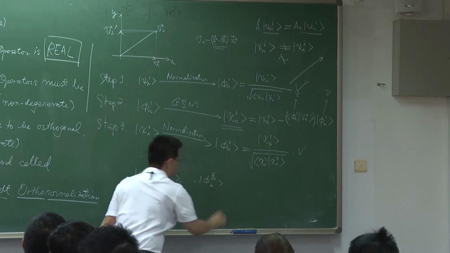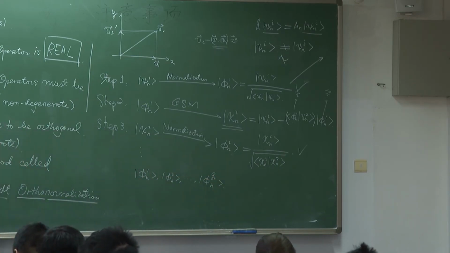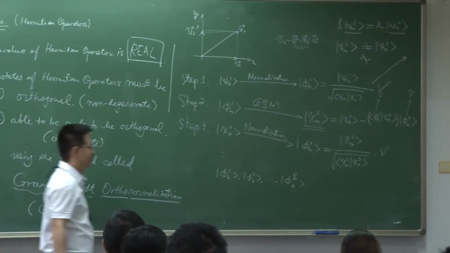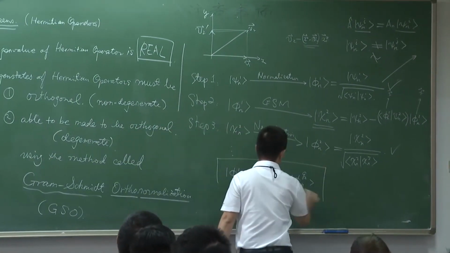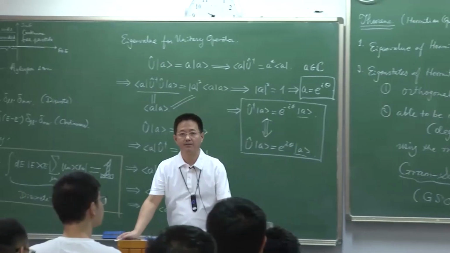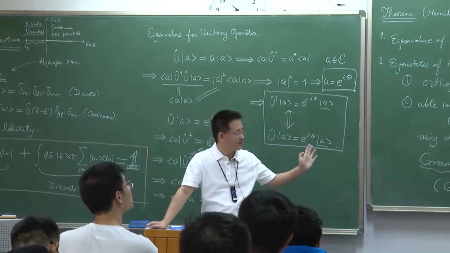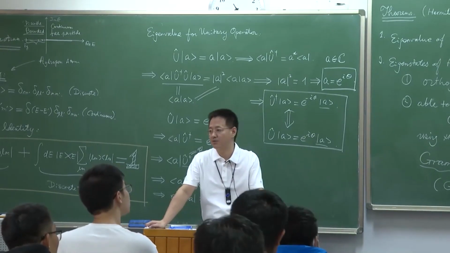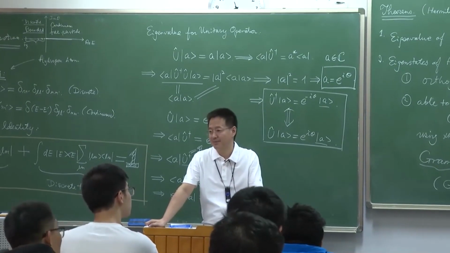How many do you have? You have gn, because the degeneracy is gn for the nth eigenvalue. Okay, well, that's the very brief, but I think the key points of the Gram-Schmidt also normalization method.